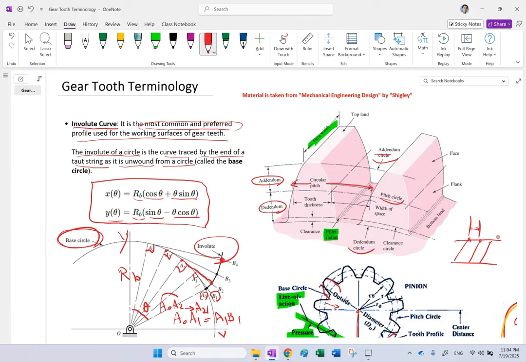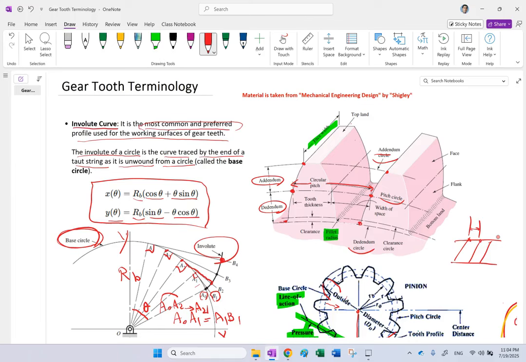Pitch is defined as the distance between two similar points on the profiles of two adjacent teeth. Now, this distance, the length of this arc, depends on which two points we are talking about. Are you talking about these points on the addendum circle, these two points on the dedendum circle, or where?